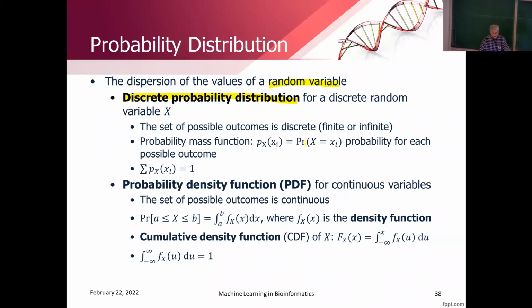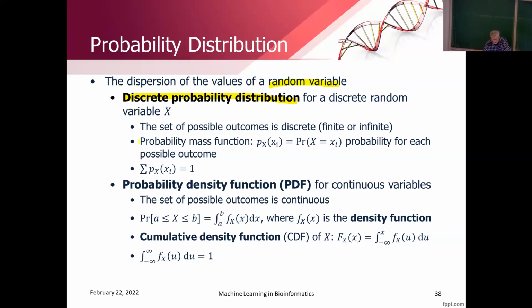Then we can describe the distribution, how often we can encounter a given value for the random variable. So this is the probability distribution. And in case of a discrete probability distribution, it's enough if we know the probability for each possible value.